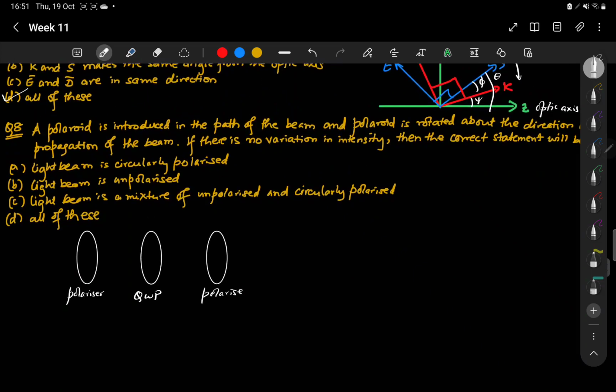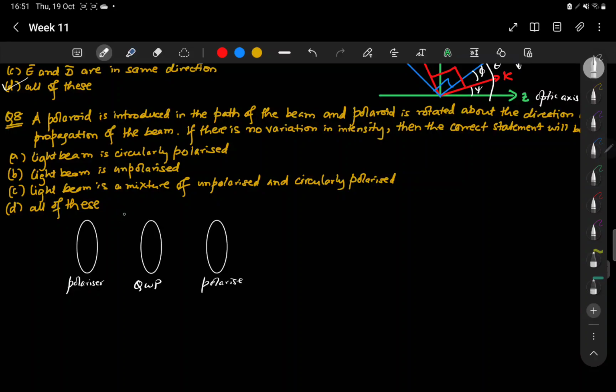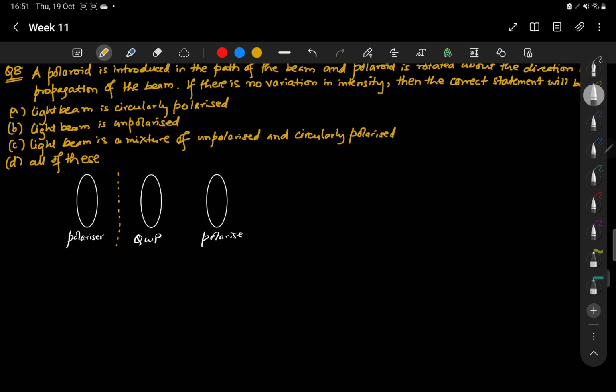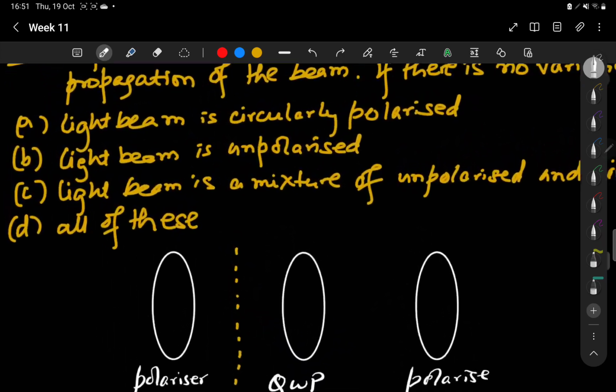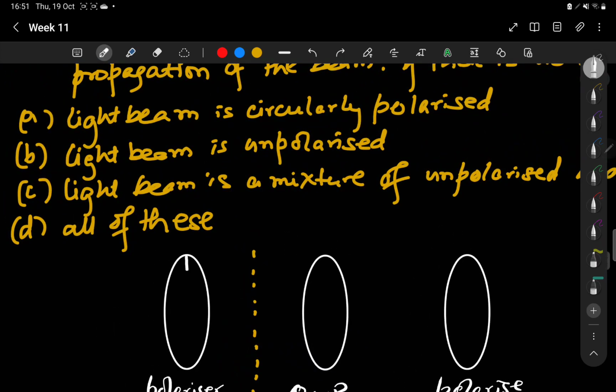What we are told in this question is what we see after this first polarizer, and to analyze we will keep an additional construction by keeping a quarter wave plate followed by a polarizer again. So let's say this is the fast axis of the polarizer. Okay, I'm not able to draw it right through the middle.